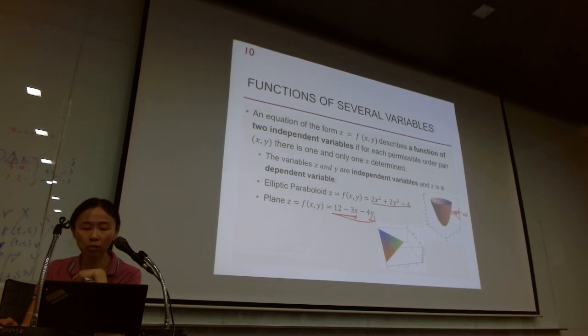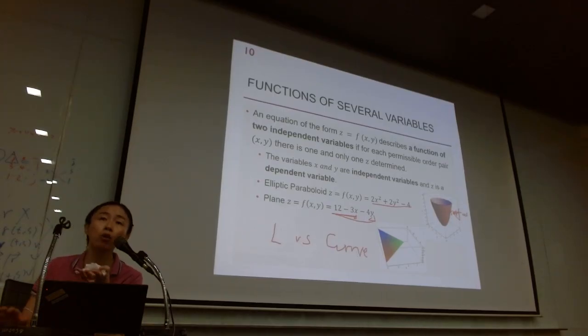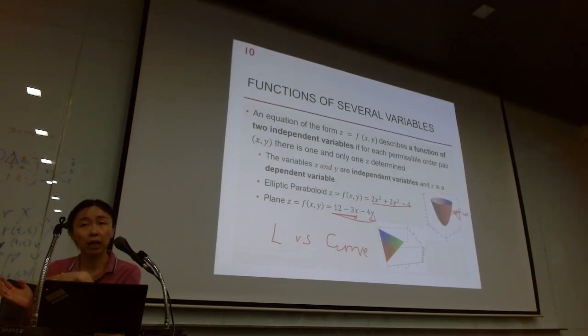Okay. So this one, actually, is a plane a surface or not? Yes. Okay. A plane is a linear surface. Then if it's a line, we call it a curve. A line is a special curve. So from now on, as we extend from linear algebra, I will call them curve and surface rather than line and plane.